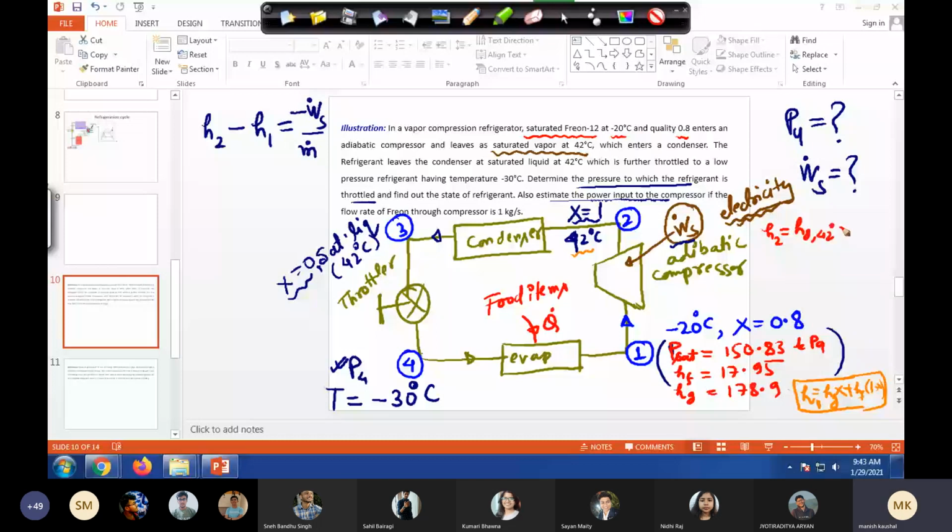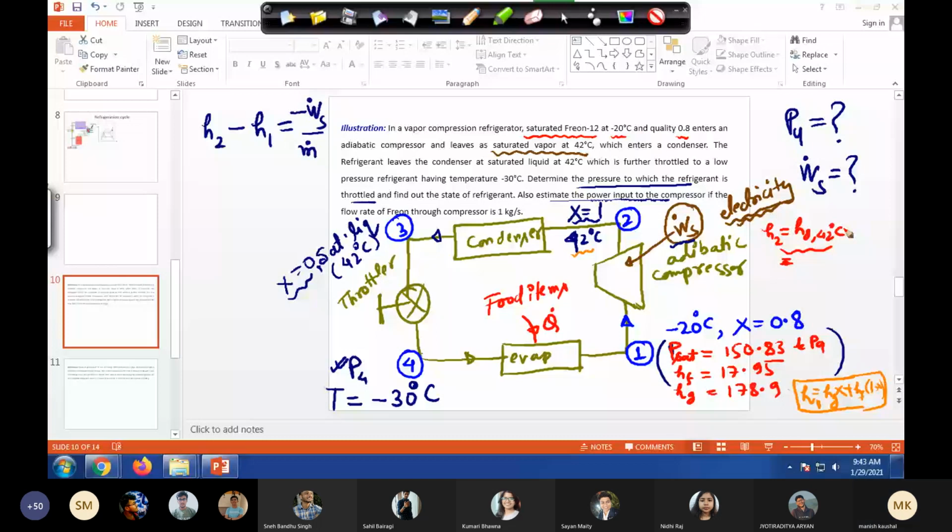I have not noted down that value, but I think it's very trivial; you just need to see the table. So once you know H1 and H2, I think I have written it somewhere. Let me write it for you. At least one problem I should solve on this representation, right?